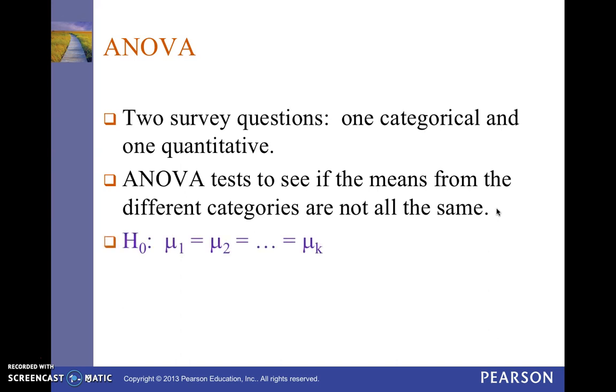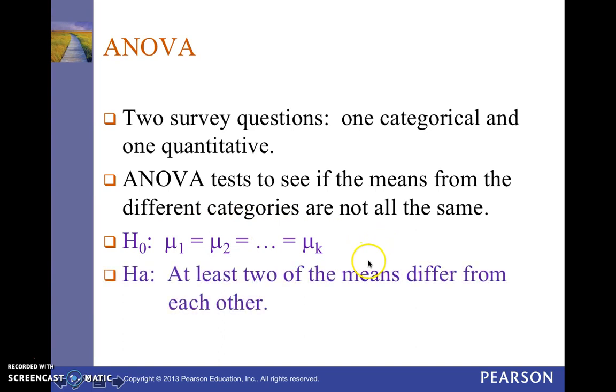Okay, so this would be our new null, okay? And that is we're basically looking to see if it's true that the mean for group 1 is equal to the mean for group 2, and on and on and on, okay? And so in that case, rather than having 1 versus 2, 1 versus 3, 2 versus 3, right, we can state it this way because we're going to test all of these all at the same time. And of course, the alternative hypothesis is that at least 2 of the means differ from each other, right?